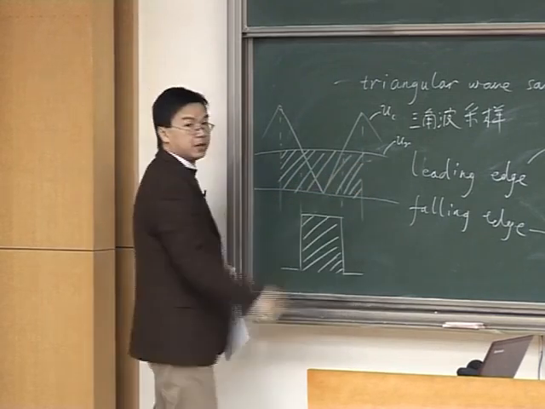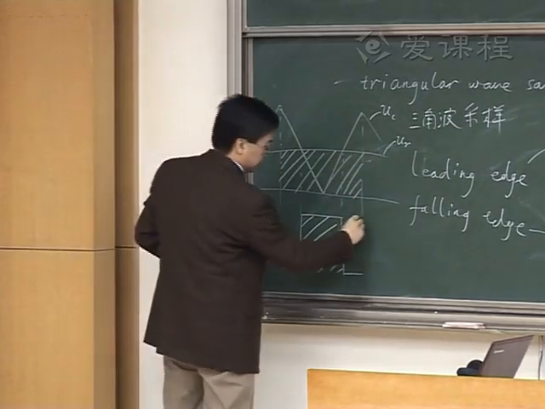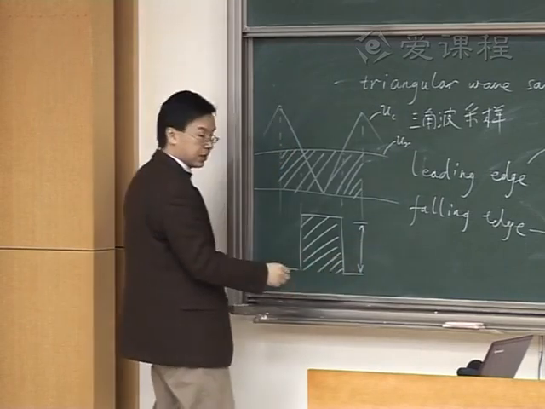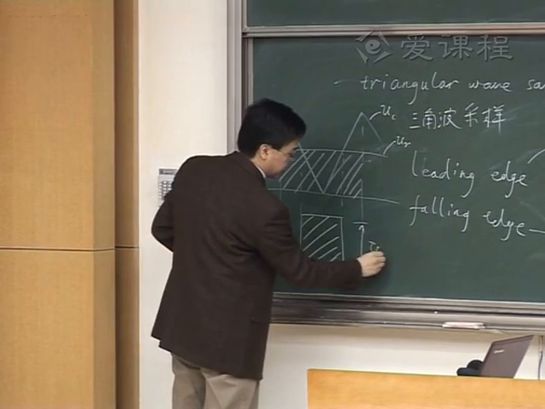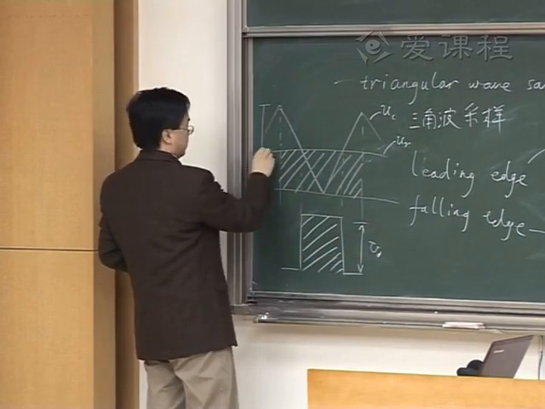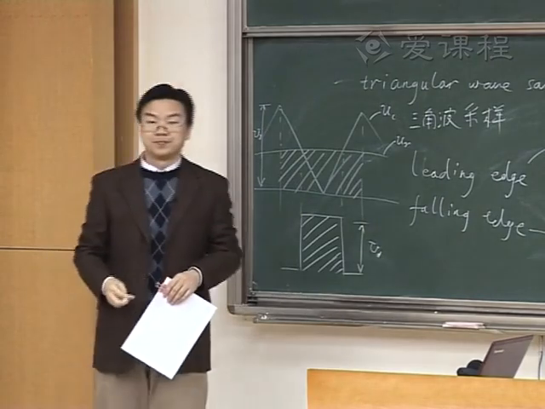from the modulating signal. As long as, pay attention to, we have a condition. As long as we keep the height of this pulse, let's say this is UD, the same as the height of the triangular wave magnitude.